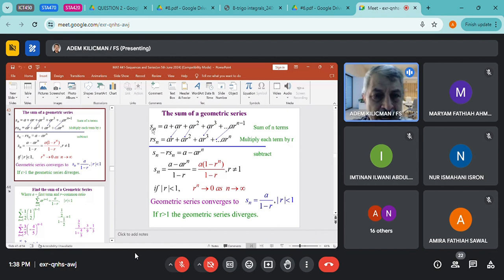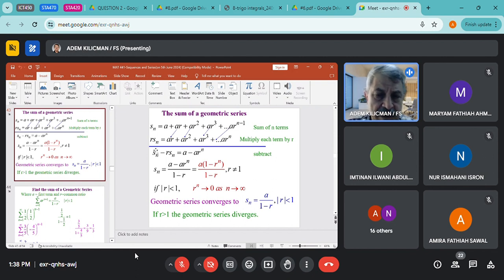Now we subtract Sn minus R Sn, meaning we multiply all this by negative 1 and subtract the first one. Then the first one is the A, remaining there. The rest are negative, negative, negative, all together negative, except only A times R^n remains. So if we arrange it a bit, Sn is equal to A minus AR^n over 1 minus R.